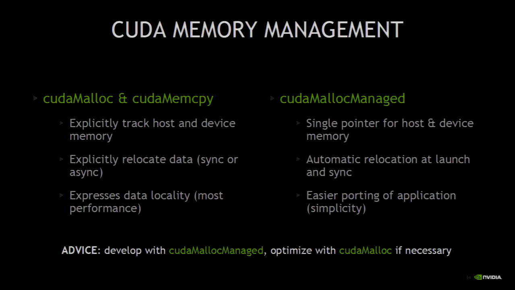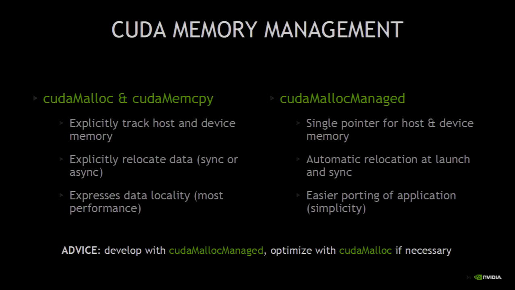The difference is that in the first case, with cudaMalloc and cudaMemcpy, it's explicit allocation and moving of data between CPU and GPU. With cudaMallocManaged, there is a single pointer you can use on both the host and device. You don't need to copy it back and forth on your own. It will be done automatically by the CUDA driver. The trade-off is that with cudaMalloc and cudaMemcpy, you can do this asynchronously and overlap it if you want.